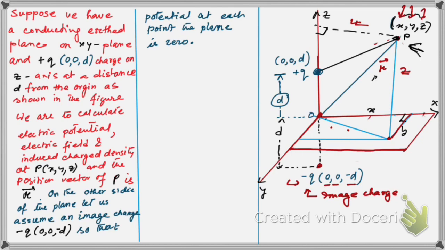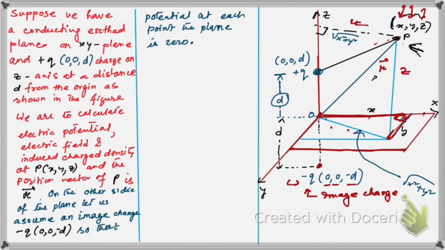This distance is x and this is y, and the angle between them must be 90 degrees. If you use the Pythagoras theorem, this length should be root over x square plus y square.